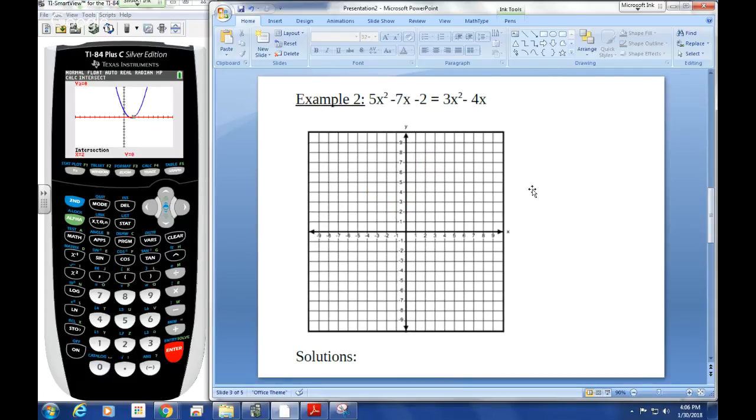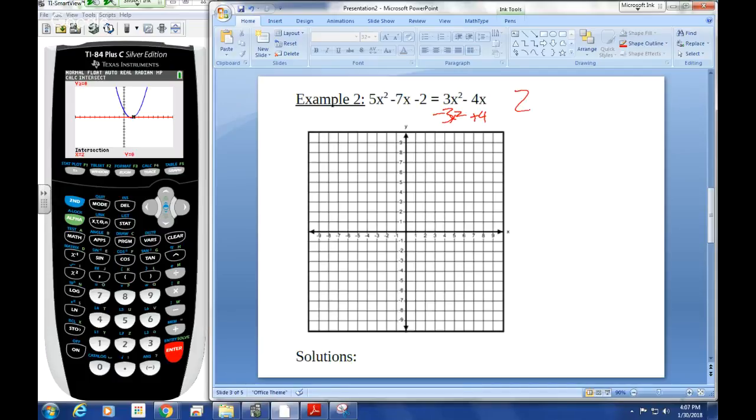The next example is 5x squared minus 7x minus 2 equals 3x squared minus 4x. But now we want to get all the stuff on this side, so we put it over to the other side. To do that, we're going to subtract 3x squared and add 4x to both sides.